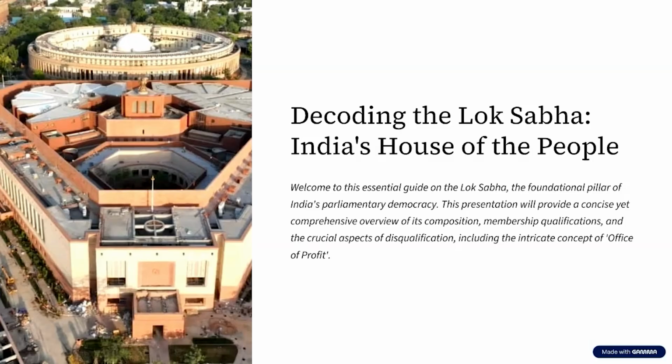Only one person can be elected to Rajya Sabha. So all 10 of us will have to vote for these A, B, C, D.